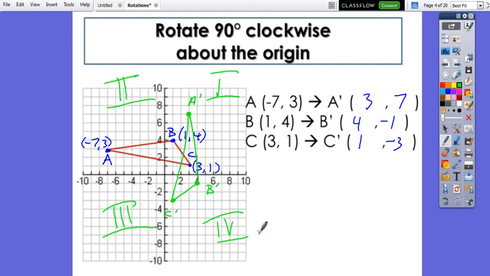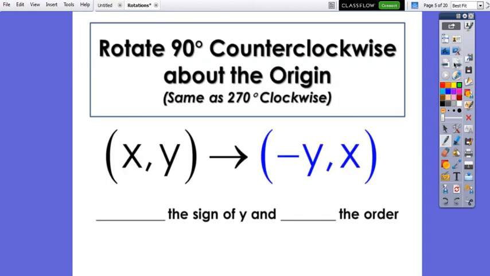All right, let's look at the next slide. This is a rotation of 90 degrees counterclockwise. Now this is the same as 270 clockwise. So again, let me show you. Here's our coordinate plane. If I'm going 90 degrees counterclockwise, I'm going to land right here. That's 90 degrees.